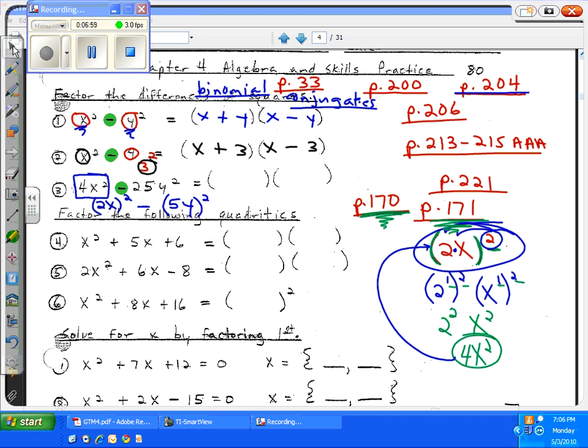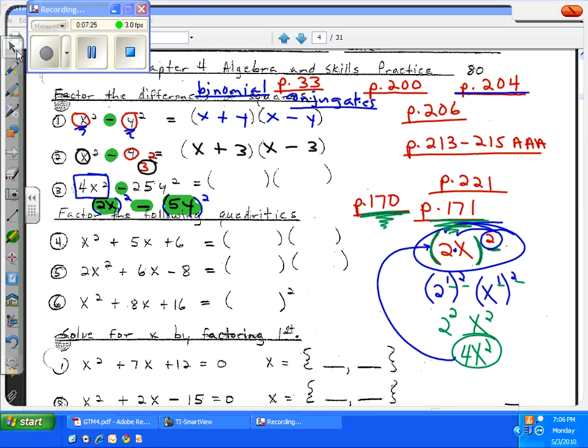And so then we'll recognize this as the difference between these two items squared. The difference between two squares factors into binomial conjugates. The binomial conjugates are the two items that were being squared.